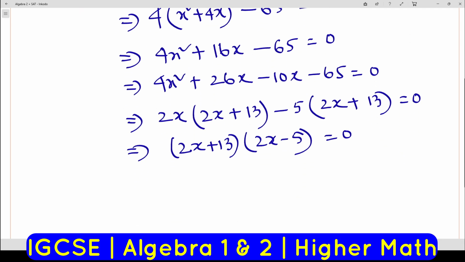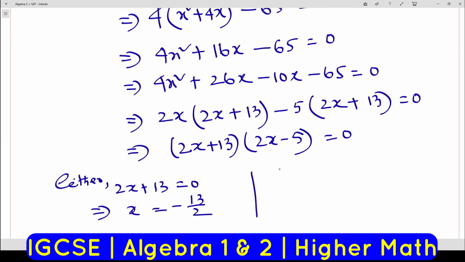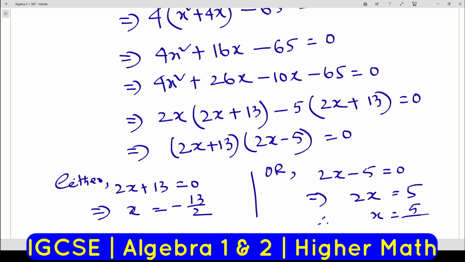Then we can write either 2x plus 13 equals 0, then x equals minus 13 by 2, or 2x minus 5 equals 0, then 2x equals 5, so x equals 5 by 2, right?